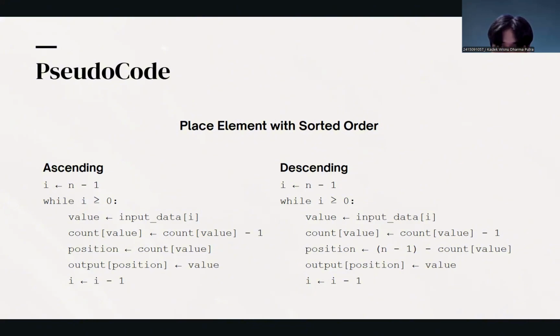So place the element at the position that we got. We create the output with the output array at index position and place the value stored in the value variable, and decrement the I variable by 1.